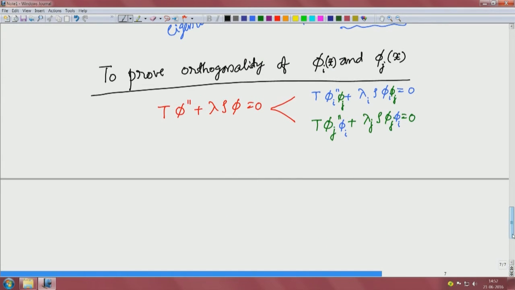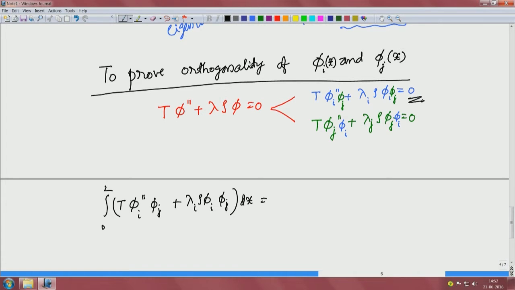So, I write the integral from 0 to L of T phi i double prime phi j plus lambda i rho phi i phi j dx. Since the right hand side is 0, even after integrating it will remain 0.